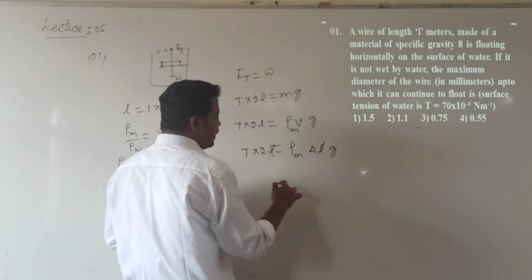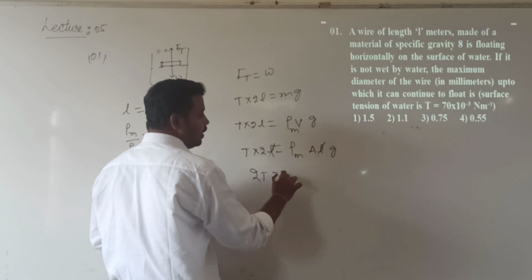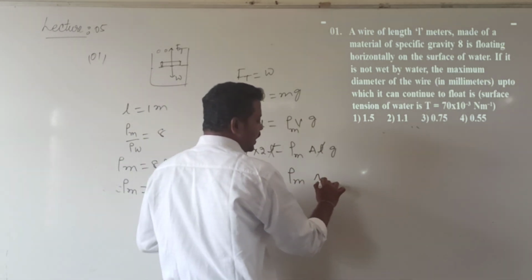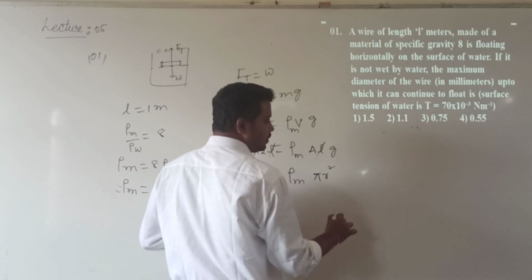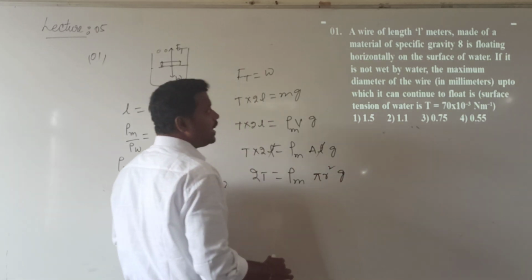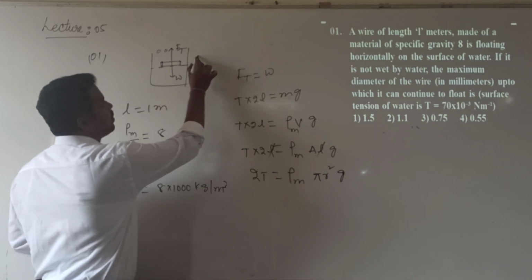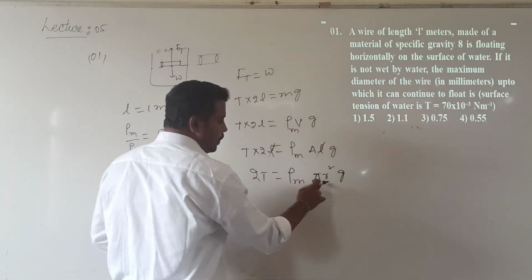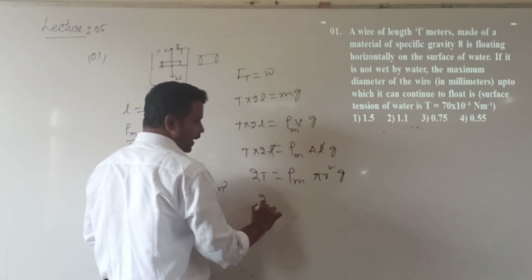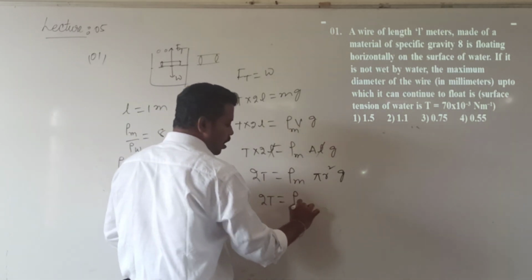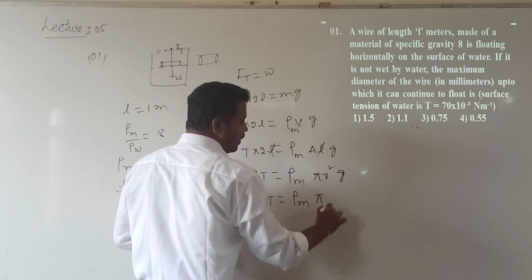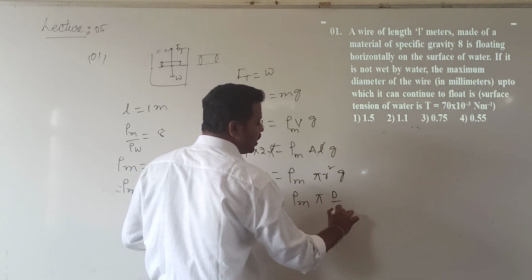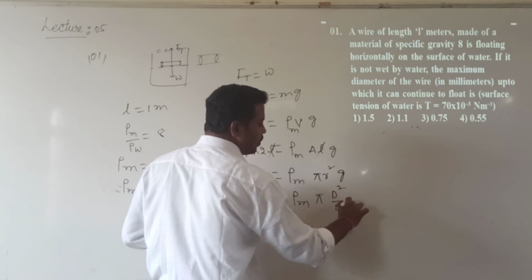L value cancels, so 2 into T will be equal to rho m into area, which is given by pi r square, into g. The wire has a circular cross section, and the area formula is pi r square. So 2 into T will be equal to rho m into pi, with r written as D by 2, the diameter, so D by 2 whole square, that is D square by 4, into g.